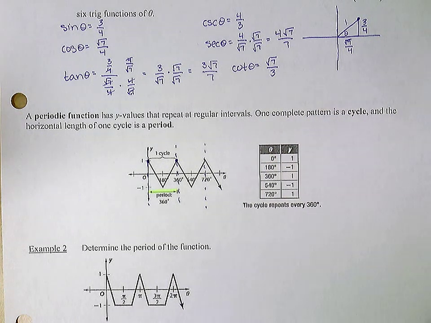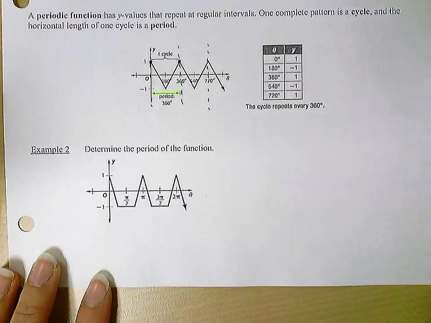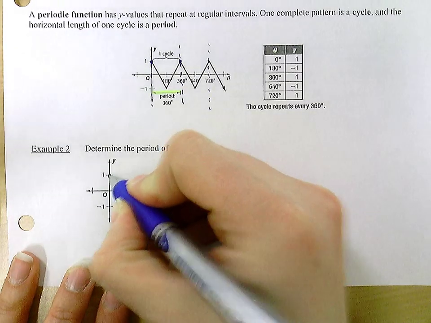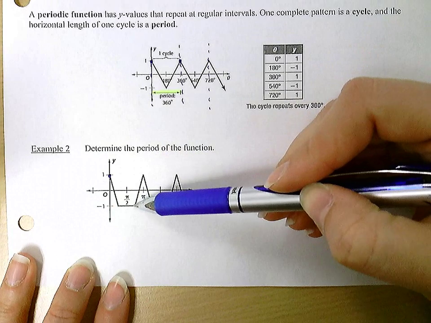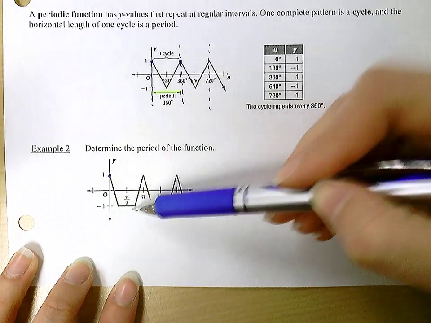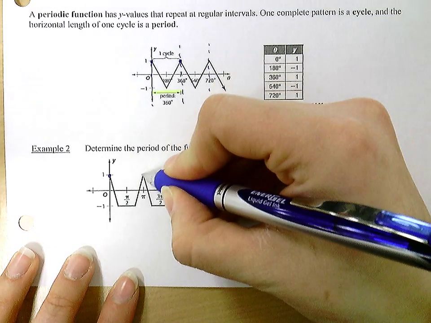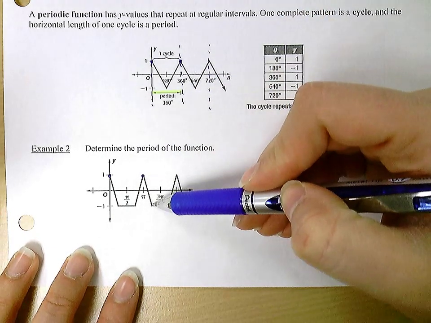So example 2, we want to determine the period of this function. If I start at 1, go down to -1, it stays horizontal and goes across, and then it goes back up to 1. It hits 1 again, and then you notice it goes back down to -1.